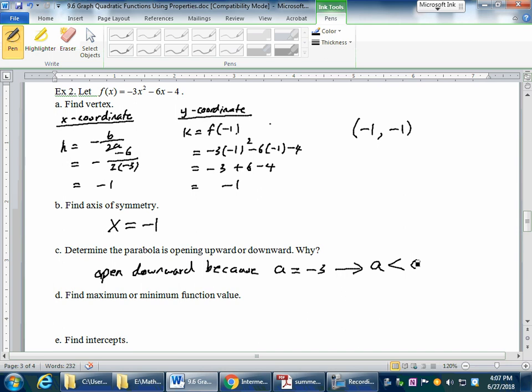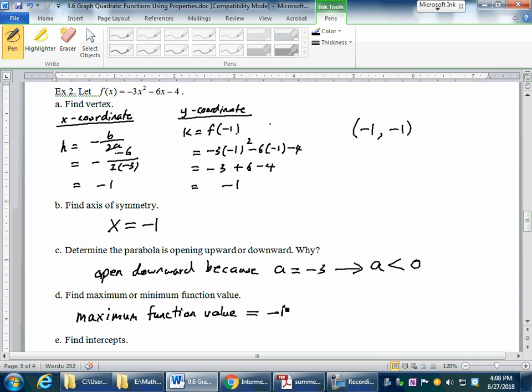And if the parabola is opening downward, the vertex is the highest point that you're going to get. So therefore, in this case, we're going to have a maximum function value, which is the y coordinate of the vertex. It will be -1. So that means the highest the parabola goes is -1.